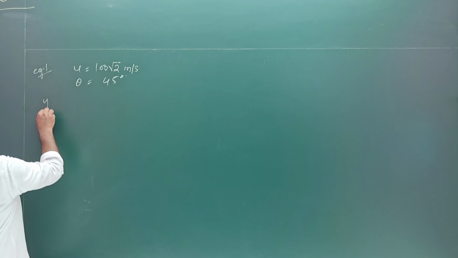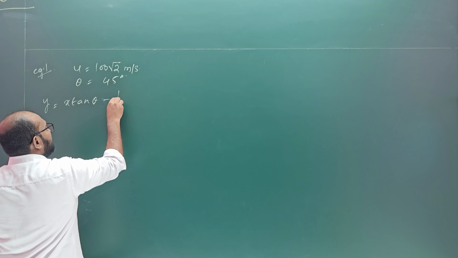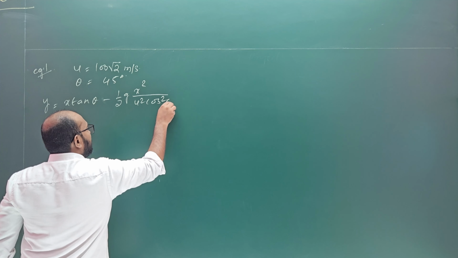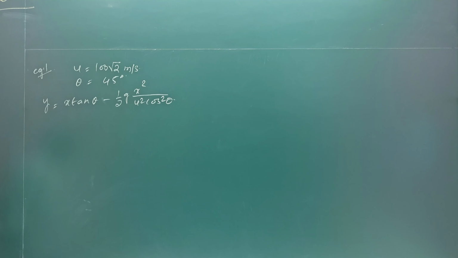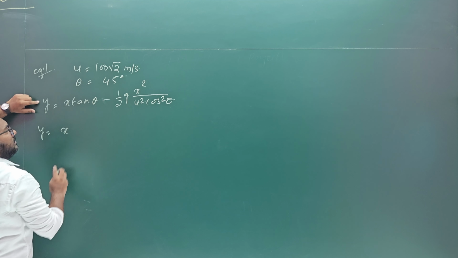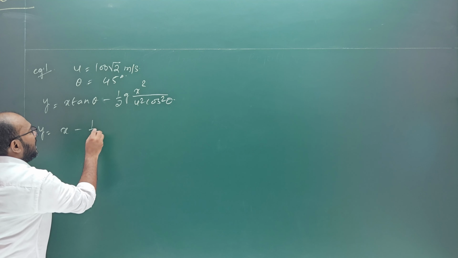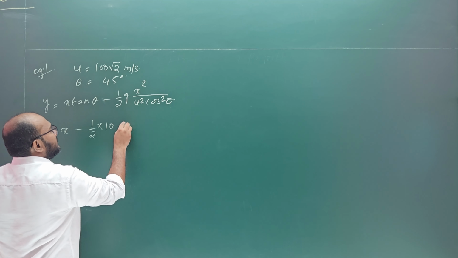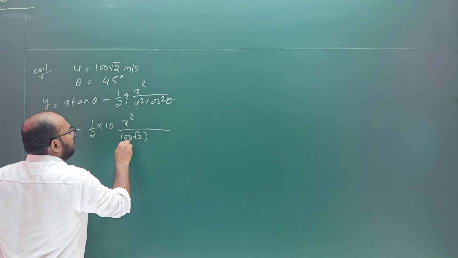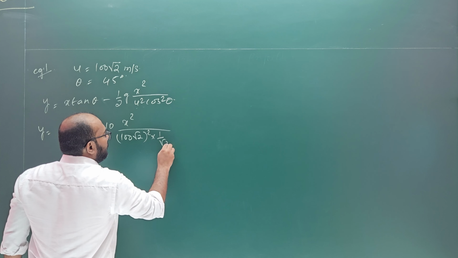What is our equation? y is nothing but x tan theta minus half g x square upon u square cos square theta. Yes or no? This is our equation. Substituting the value, y is equal to x tan 45 degree. Tan 45 is 1. So half into g value 10 x square, as it is u value, that is 100 root 2 square into cos square 45 degree, that means 1 upon root 2 into 1 upon root 2.